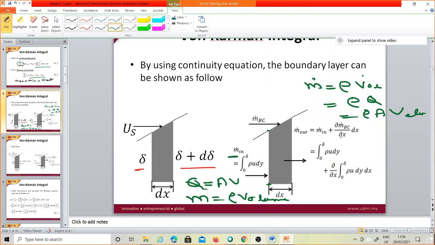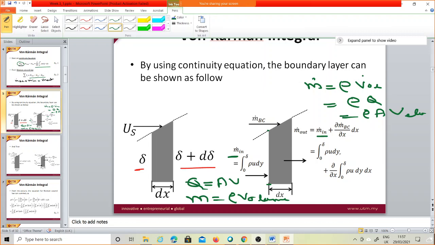Okay, and next we have the m out. M out will be m in plus, using the Taylor expansion, del m by del x dx. How do we know, if you know the initial condition, how much the rate will be after a distance of dx? We can use the Taylor expansion, neglecting the higher order terms. So the initial condition is when x is equal to 0, m in, plus del m by del x dx.